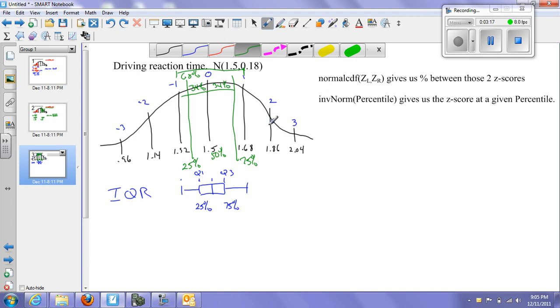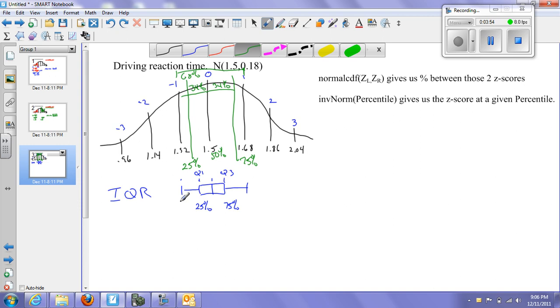I know this is one z-score, and that would be 2 z-scores. I'm going to be between 0 and negative 1 z-score this way, and 0 and 1 z-score this way. So I need to find the z-score in here. To do that, I'm going to use my inverse normal, because if I know the percentile, it will give me the z-score at that percentile. My percentile is 25% for the lower end of my IQR, Q1, and 75% for the higher end, Q3.